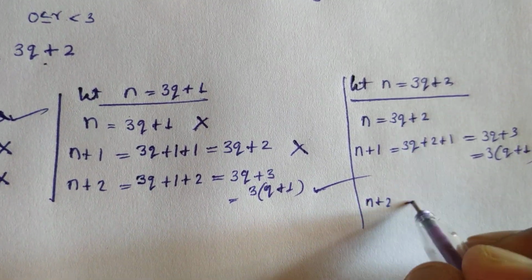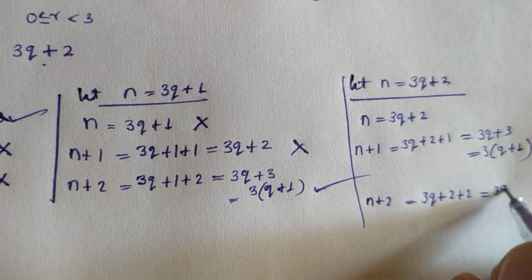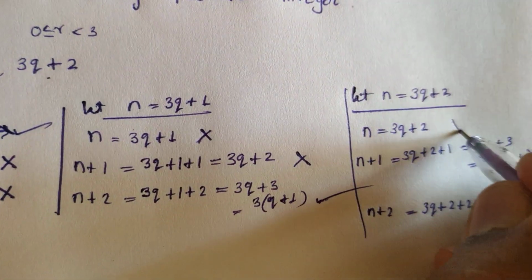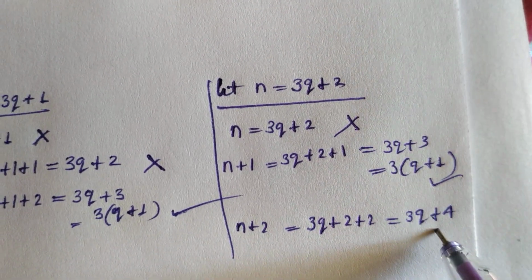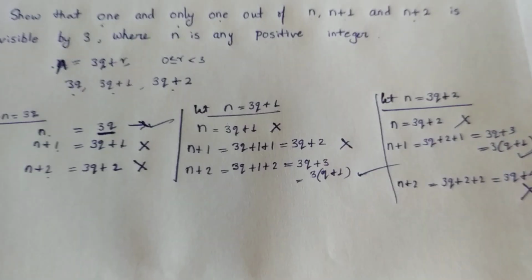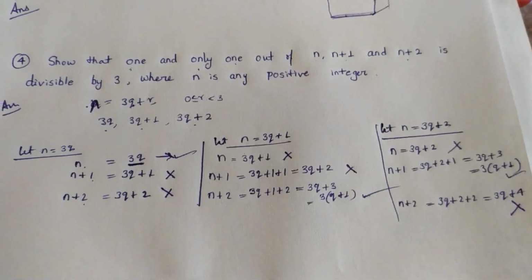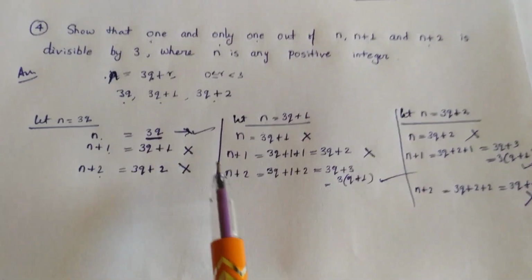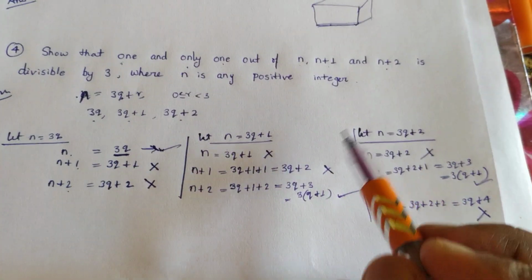And n plus 2 is 3q plus 2 plus 2, which is 3q plus 4. You can see that n is not divisible by 3, n plus 1 is divisible by 3, and n plus 2 is not divisible by 3. So you can show that one and only one is divisible by 3.